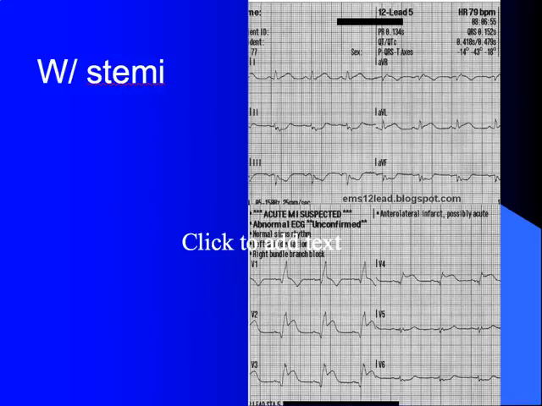So this is pretty much our home run ST elevation MI in the presence of right bundle branch block. This one, like we discussed, is a little bit easier to determine. Compared to left bundle branch block, the presence of STEMI in right bundle branch block is a little easier to pick out.